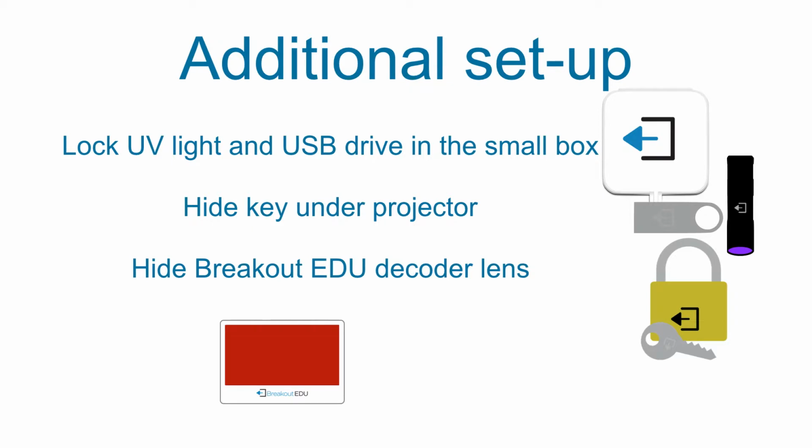Additionally, you will use a small box and you will lock up a UV light in that USB drive. You can also hide USB drive somewhere else in the room. You will hide the key to open that little box under your projector, and then if you are using a red light lens, decoder lens, you want to hide that as well.